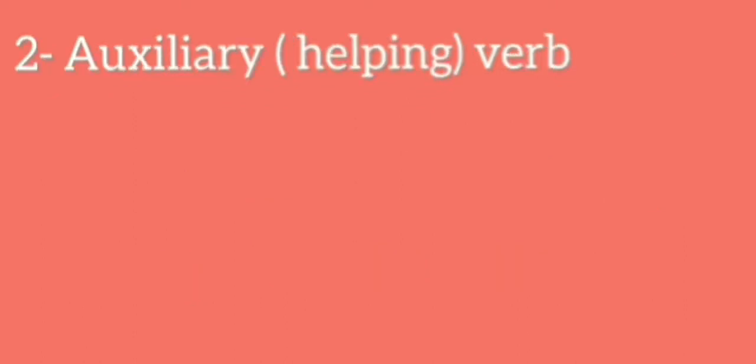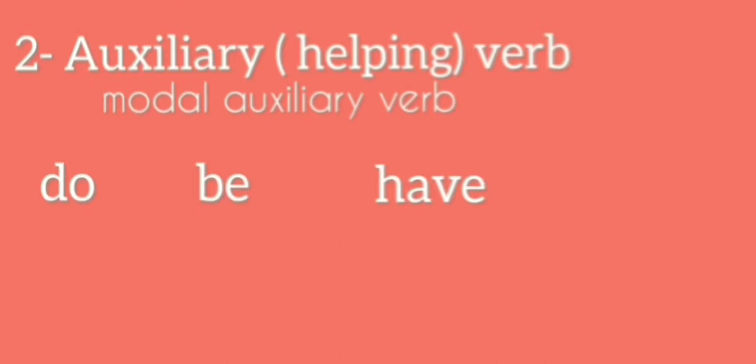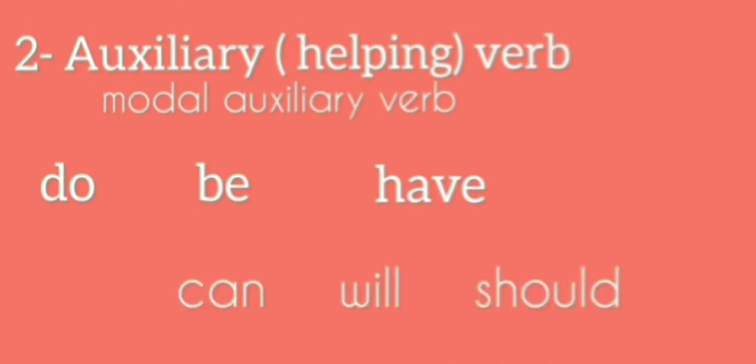Then number 2 is your auxiliary verb or your helping verb: do, be, or have. It can also be a modal auxiliary verb like can, will, or should.